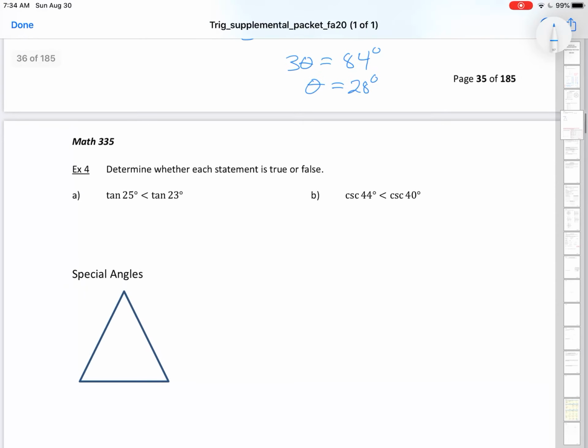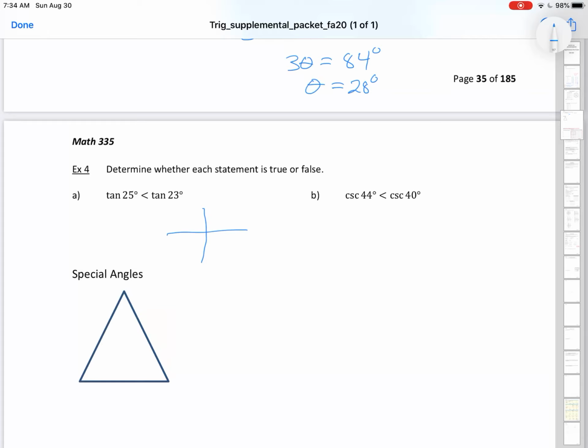So now they want us to determine whether the following statements are true or false. They really like us to think about what's happening here. So let's think about tangent. Tangent of 25 degrees. Everything can be argued through the quadrantal angles. So tangent of 0, tangent is sine over cosine.